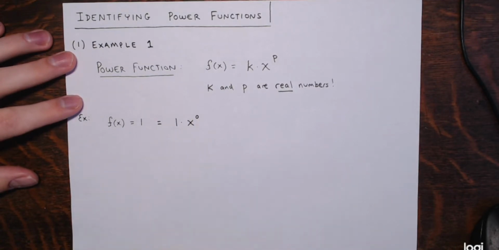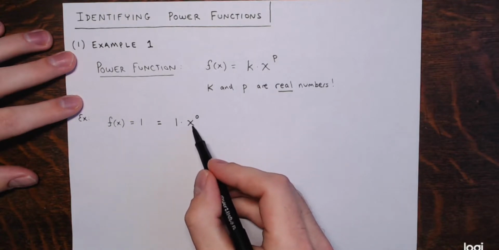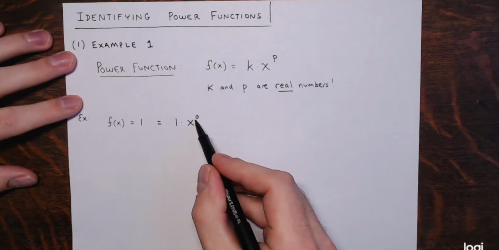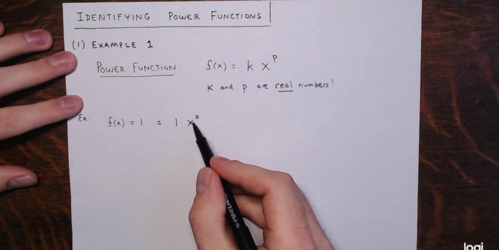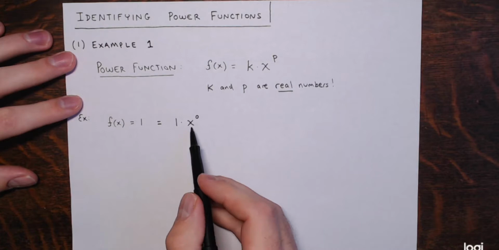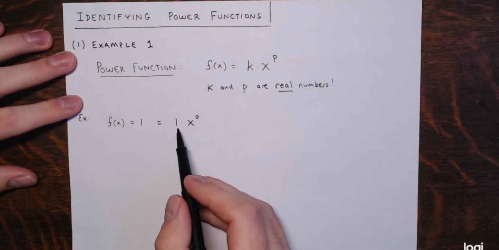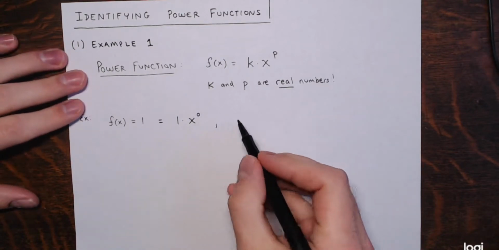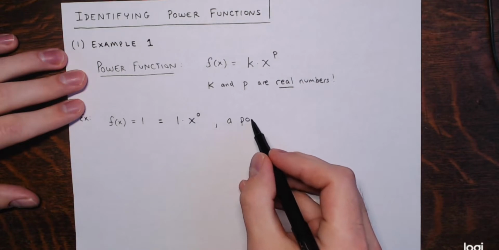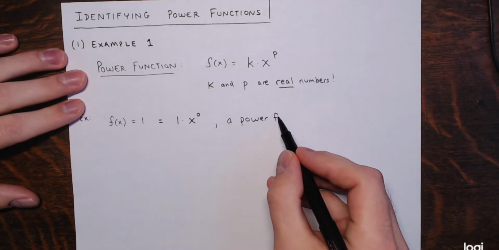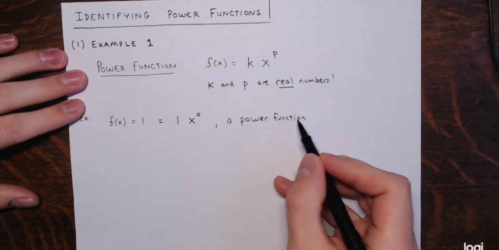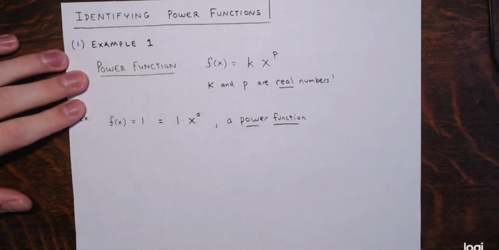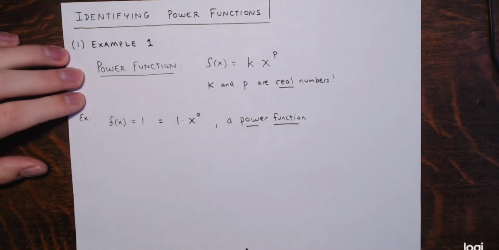Remember, anything that's not 0 to the 0 power is 1, and then we could just define the value at x equals 0 to be 1 if we wished. And this is a power function. And like I said earlier, every single one of these in this list they're giving us here is a power function.